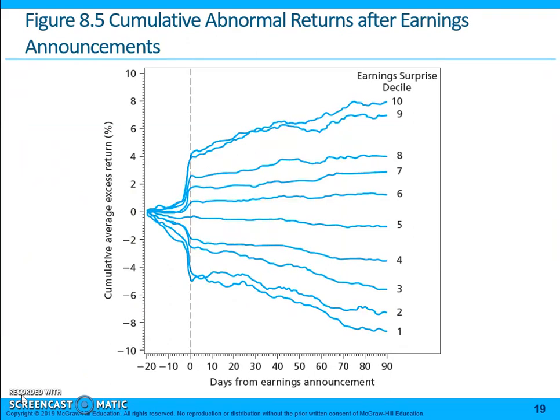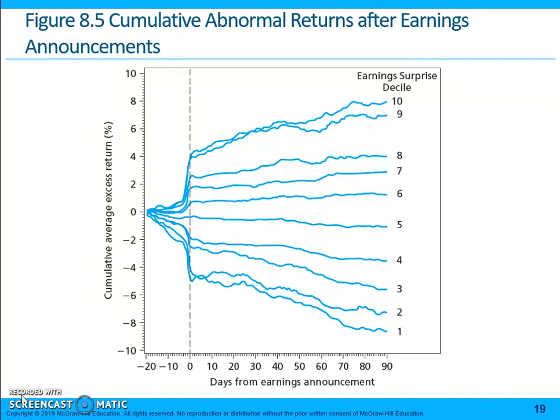Figure 8.5 shows cumulative abnormal returns after earnings announcements. What we have is earnings surprises. We have 1 through 10 again, divided up into deciles.